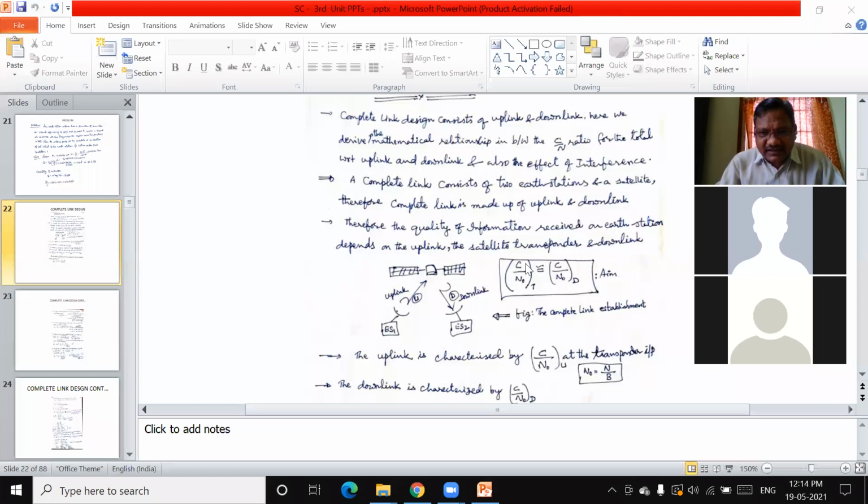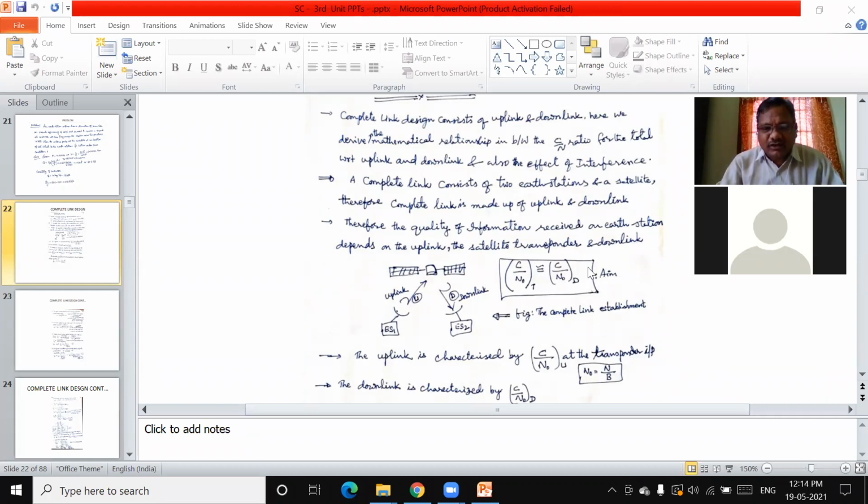I have mentioned C by N naught T is approximately equal to C by N naught D. This is our aim. Finally, what we are going to show here is, just to have the idea before we go through the topic, we have to know what our aim is. We are going to get the mathematical derivation for this.